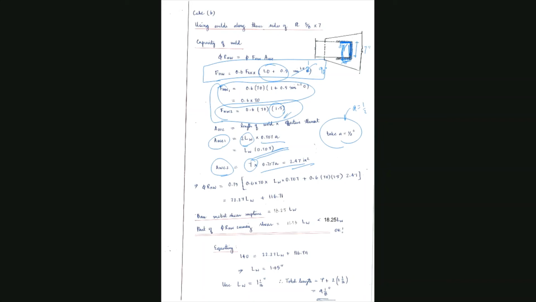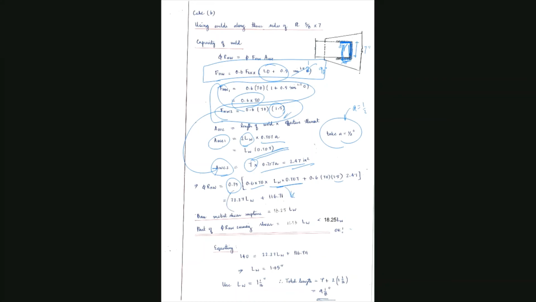Phi Rn is 0.75 times 0.6 times 60, this is from here, FNW1, times the area of the weld, which is Lw times 0.707, and then you have 0.6 times 70 times 1.5, which is FNW2, and AWE2. So you get a value of 22.27 Lw plus 116.71 kips.